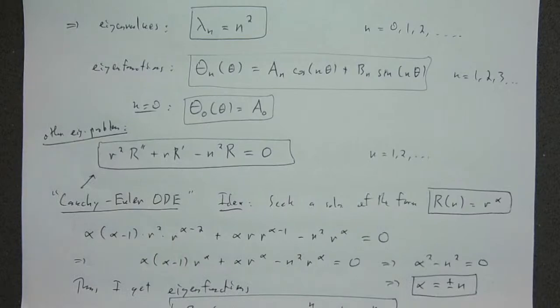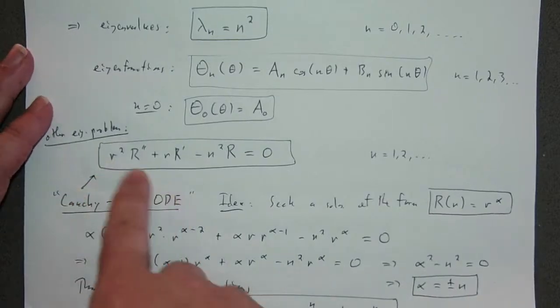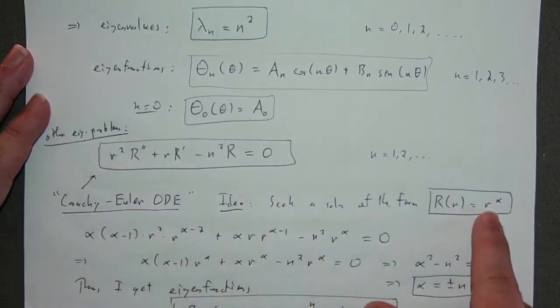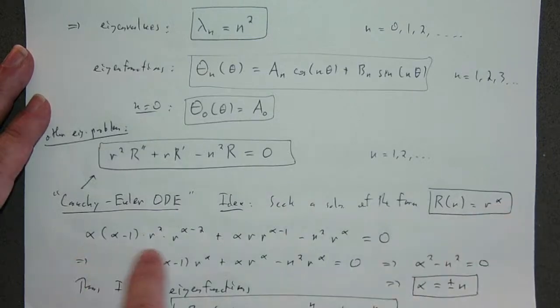And so, of course, you might be able to just have guessed this anyway, but the form of the solution to this type of ODE you should seek is of this form. It's R to some exponent. Okay, and so plugging that into our equation yielded that actually this exponent had to be plus or minus n. That was the only option here.